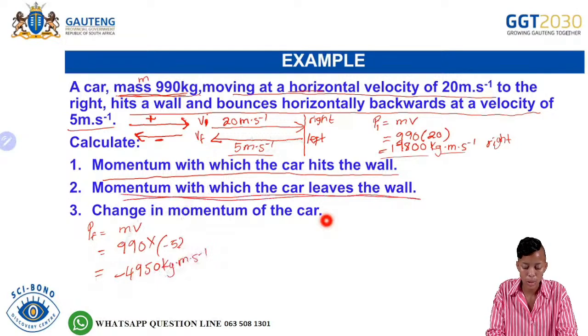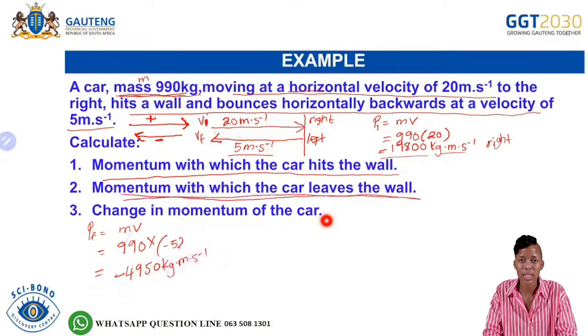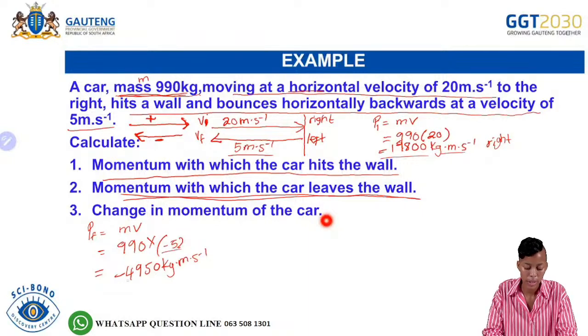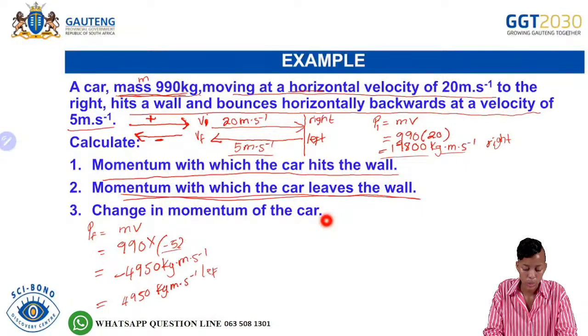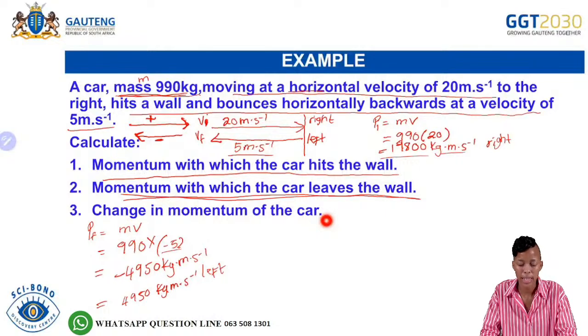It is leaving the wall at a velocity of 5 meters per second, but because we said the left will be negative, our velocity is negative. And for the direction, it is therefore 4950 kilograms meters per second to the left.